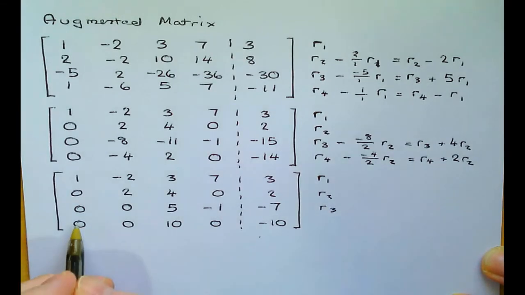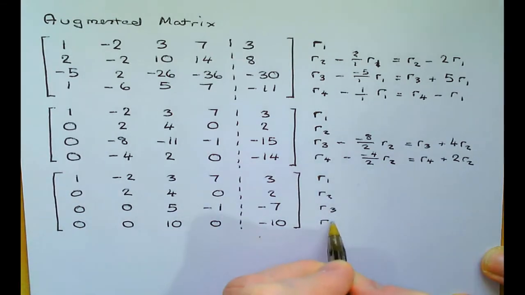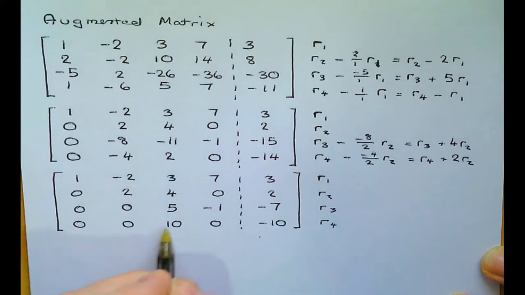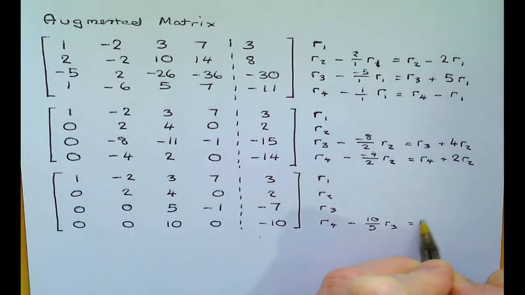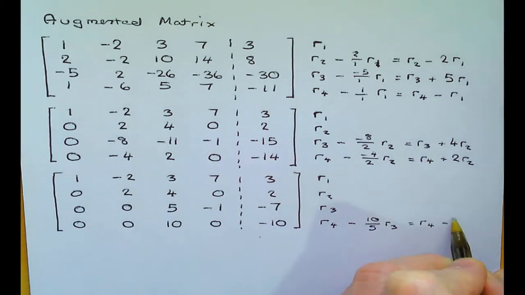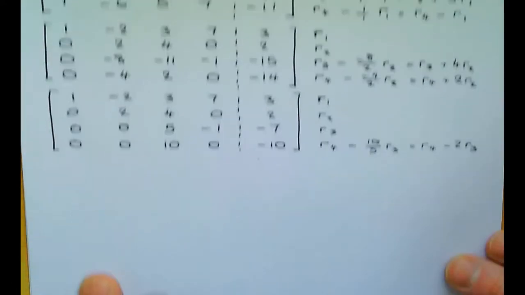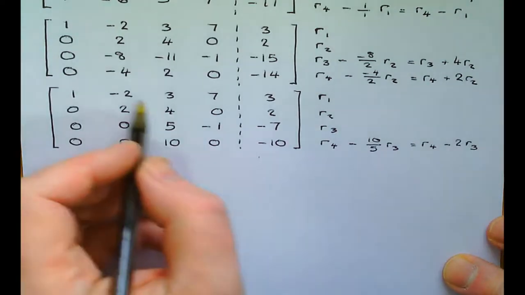and we'll take row 4 and replace it with row 4 minus a multiple of row 3. And that multiple will be 10 over 5. So we have row 4 minus twice row 3. So one more set of row operations we've identified.